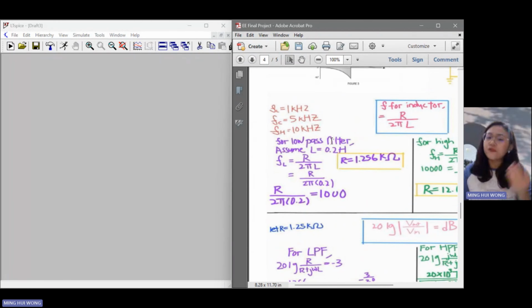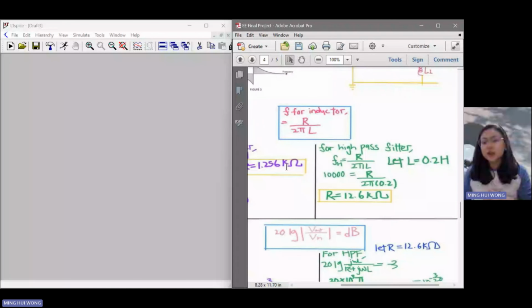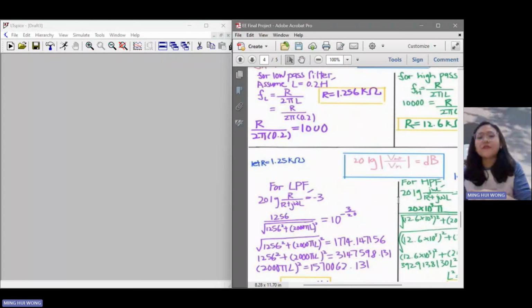Assume for the low pass filter the value is 1.2556. I also use the same value of capacitance as the low pass filter, and 12.6 kΩ. Let us move on to the other formula, where we also differentiate LPF and HPF.